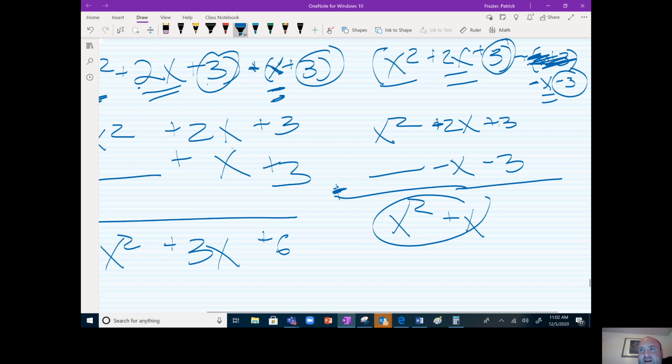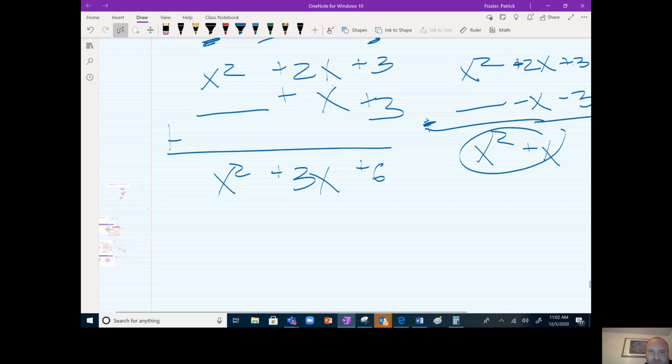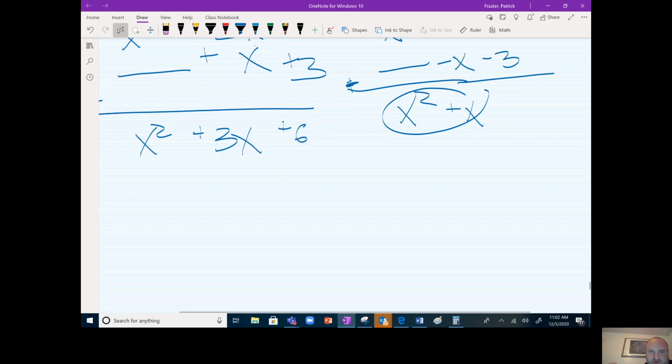So we've now done addition and subtraction, and now we can move on to multiplication. We could do the box method, or tabular method, but I'm going to do distribution.